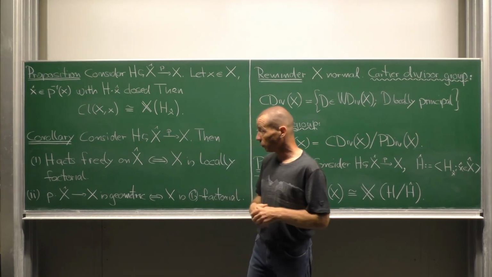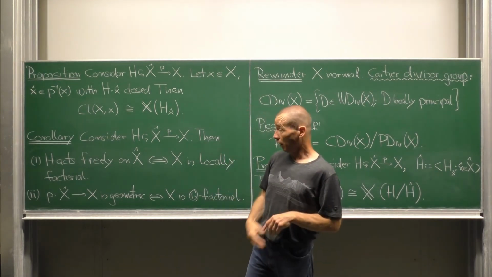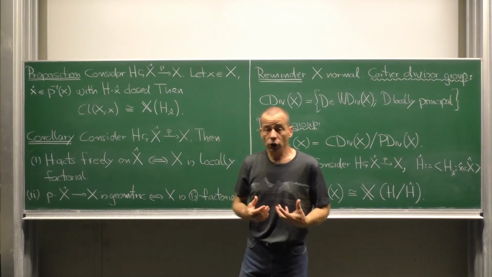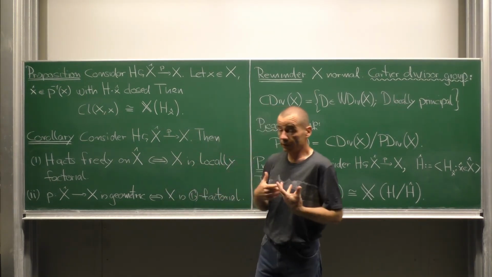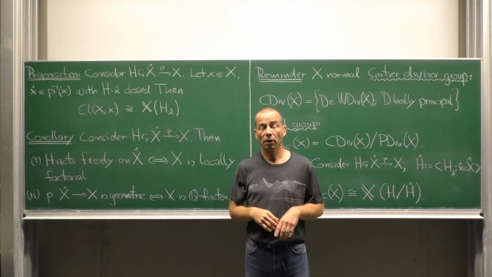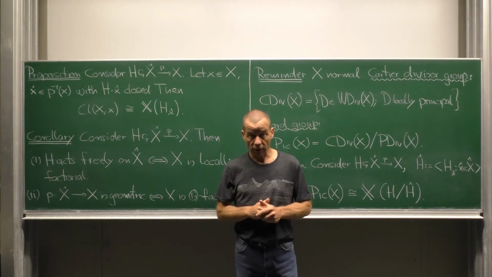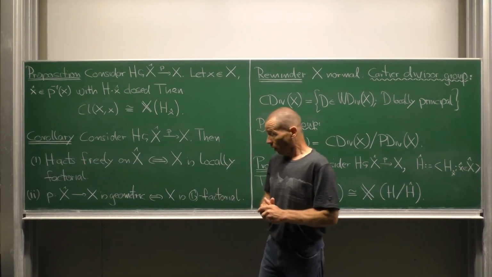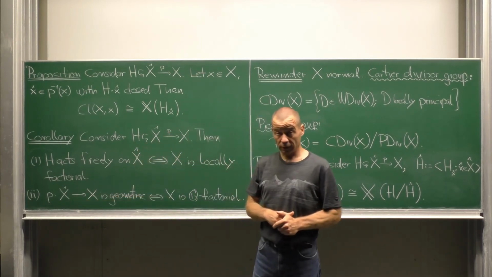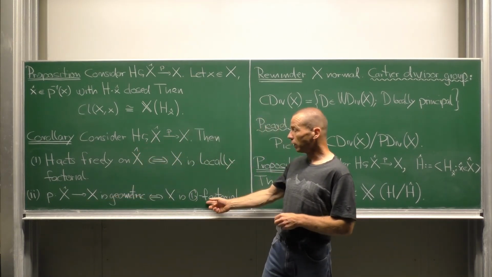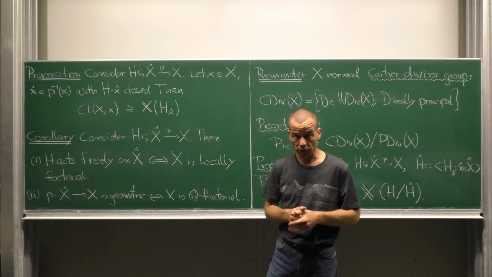As a consequence, one obtains the following. First, H acts freely on X hat if and only if X is locally factorial, meaning that every Weil divisor is locally principal. Moreover, the good quotient from X hat to X is geometric if and only if X is Q-factorial.